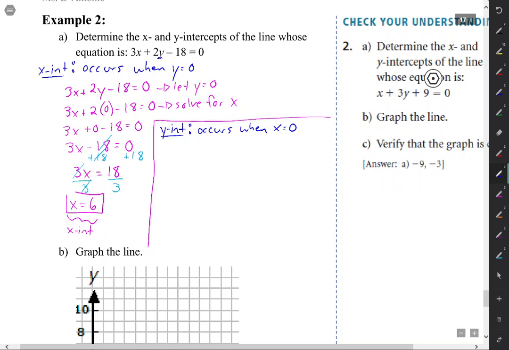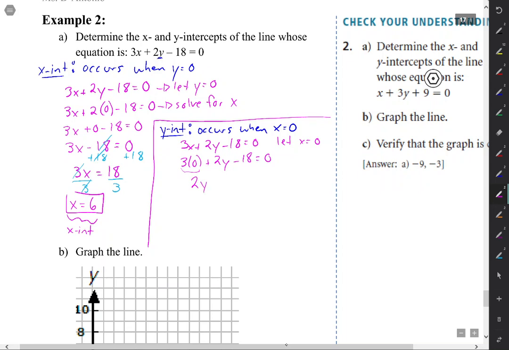So we're going to do the exact same thing we did last time. We're going to have our equation, 3x plus 2y minus 18 is equal to 0. And we're going to let x equal 0. So we're going to have 3 times 0 plus 2y minus 18 is equal to 0, and we're just going to solve for y. So 3 times 0 is just 0, so let's just not even write that.